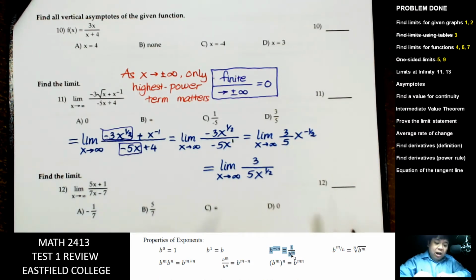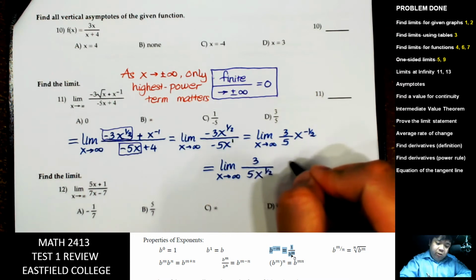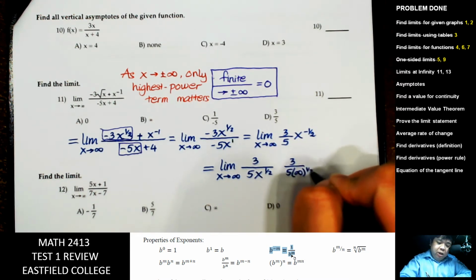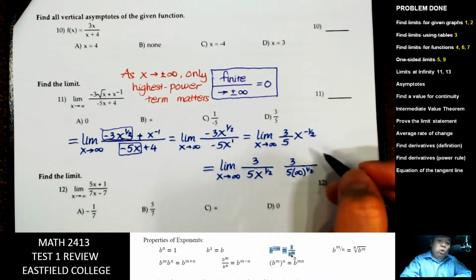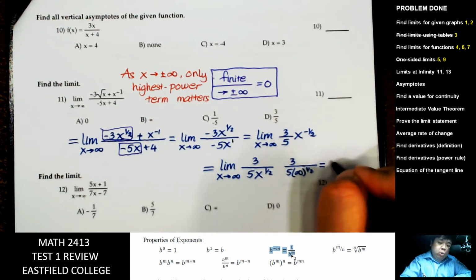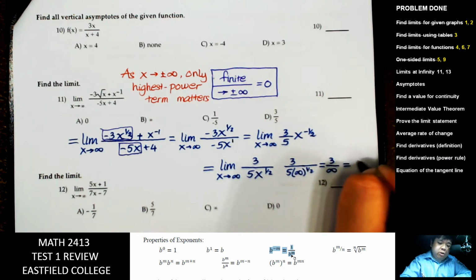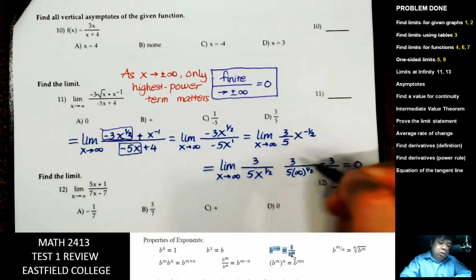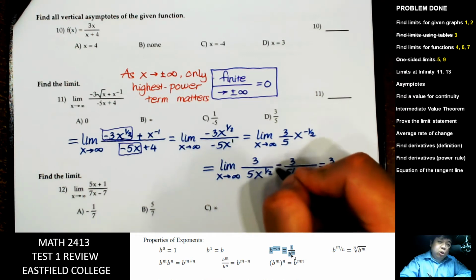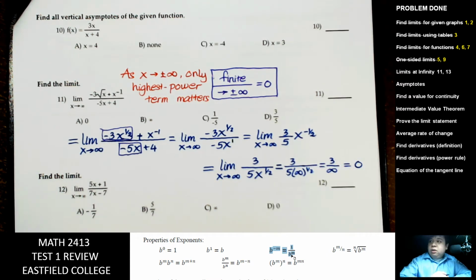They will come in handy later, but for now we have 5 x to the 1/2. Infinity to the 1/2 is square root of infinity, which is still infinity, so we have 3 divided by infinity, which is 0. So it is equal to 0. Nice number, so we make it equal to 0.